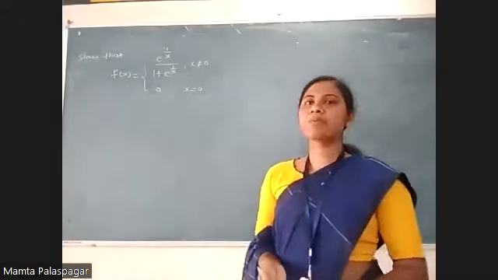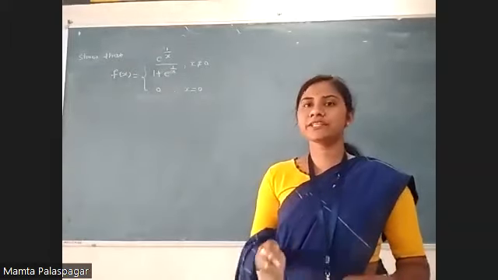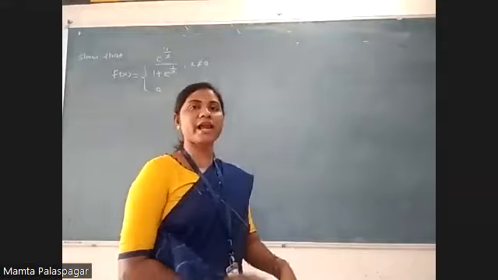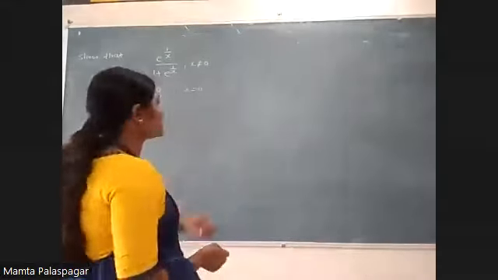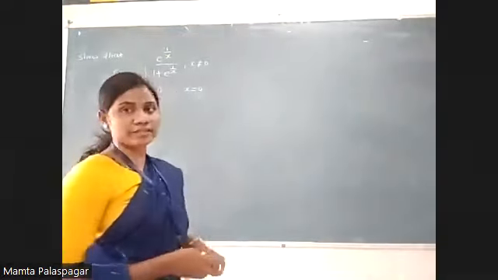And in the second type of discontinuity, the right hand limit and left hand limit do not exist. So in this way, we have learned the concept about discontinuity and its types in the last lecture. And this lecture is based on the types of discontinuity.